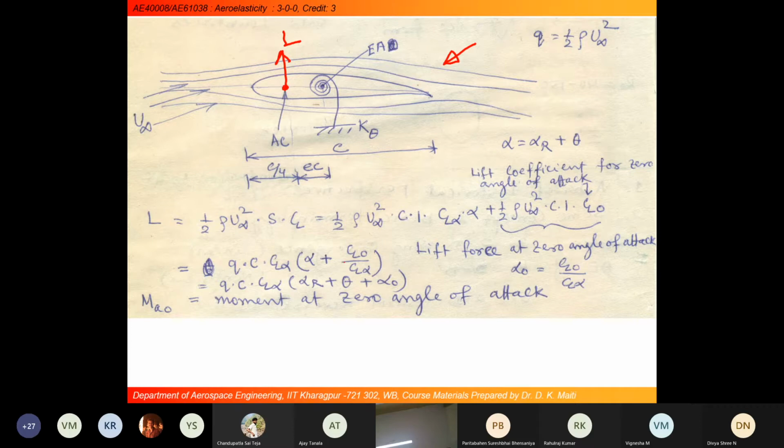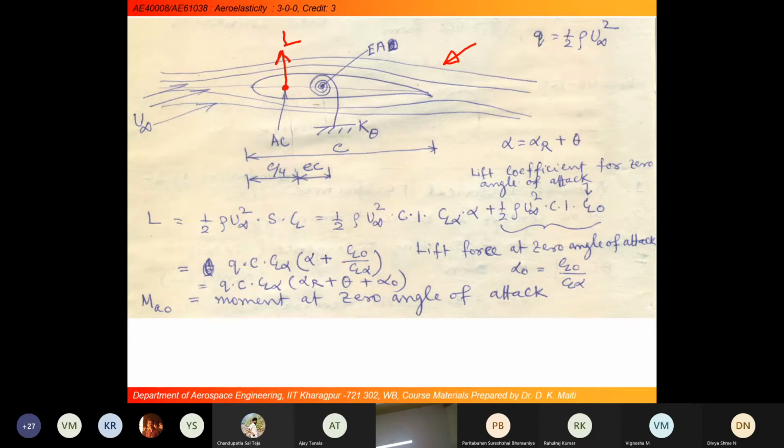Here, the elastic force is acting through this elastic axis, and the aerodynamic force is acting through this aerodynamic center. There are other important points in terms of aeroelasticity, but with static aeroelasticity, we are interested in only these two important points: one is the aerodynamic center, another is the elastic axis.